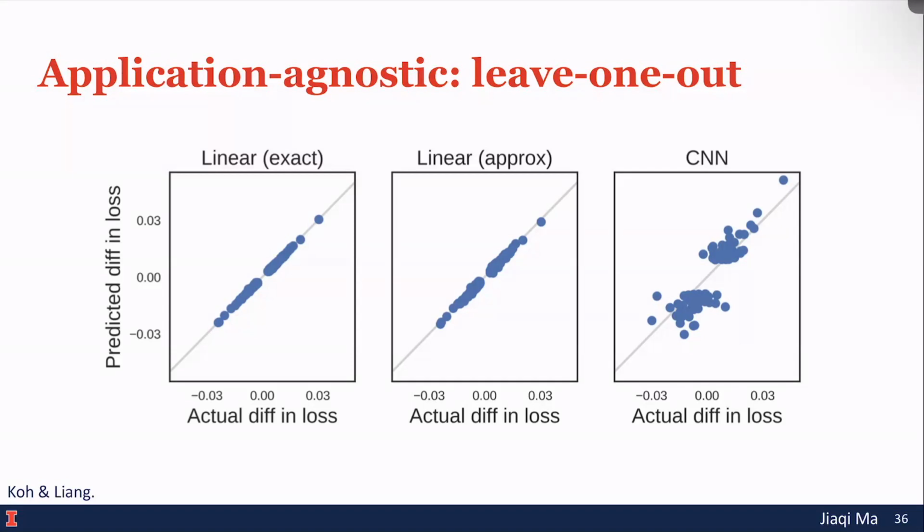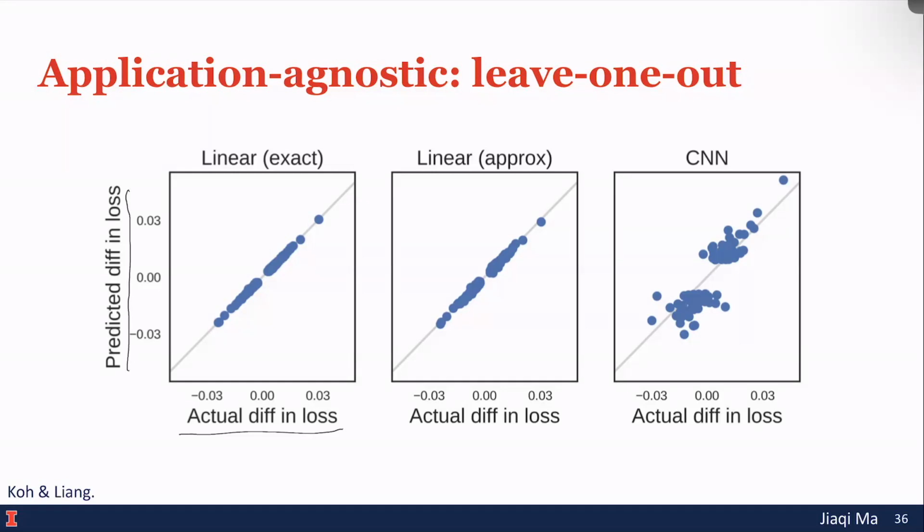To evaluate the efficacy of the influence scores, we do some leave one out retraining and observe the actual difference in the loss function or in the prediction, and also the influence score, which is a predicted difference in the loss function.